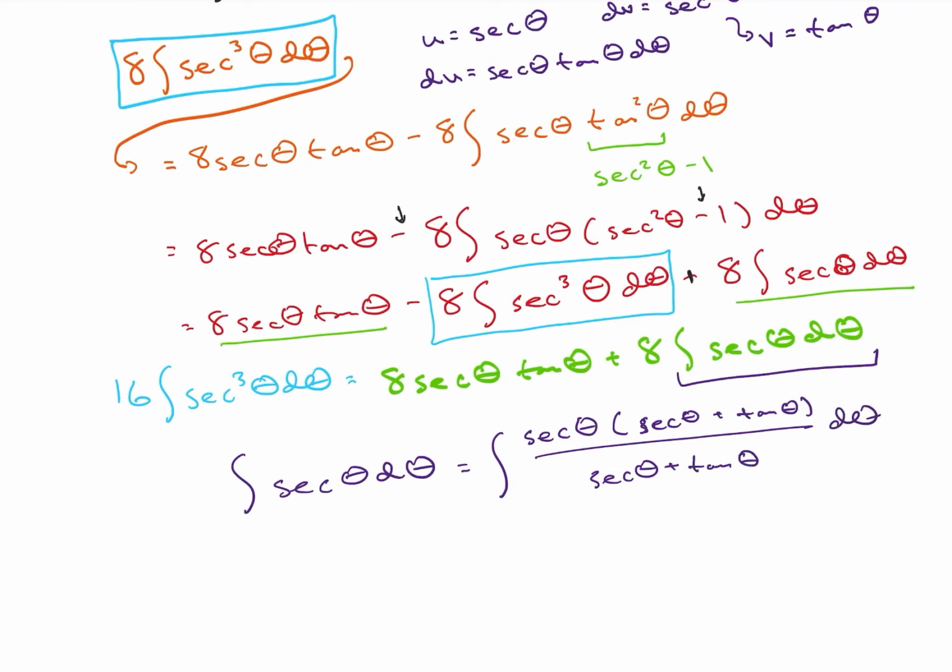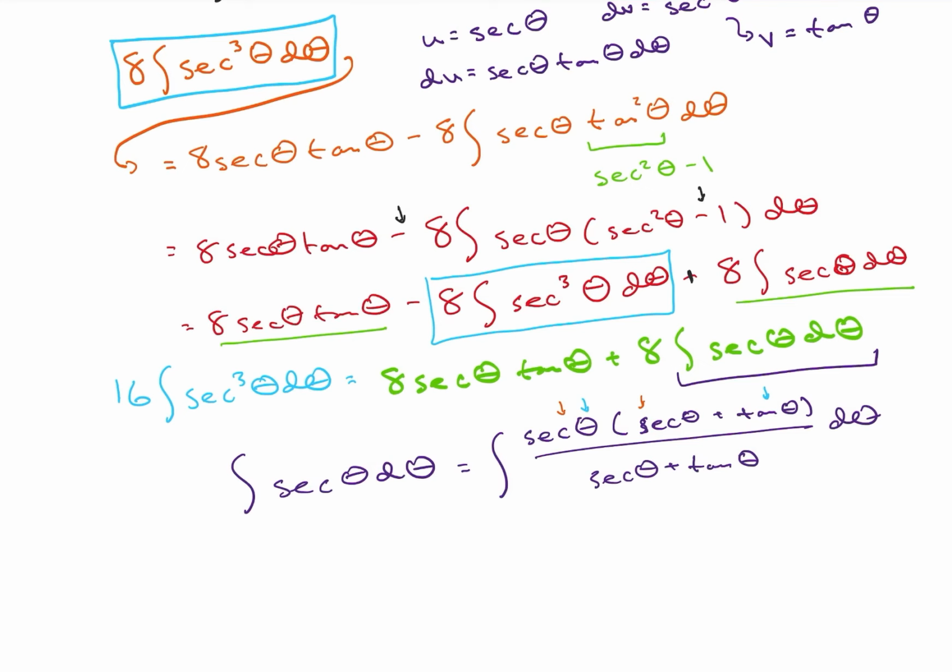And what I notice here is the derivative of secant theta is secant squared of theta, which is these two guys multiplied by each other. And the derivative of tangent theta is secant theta times tangent theta.